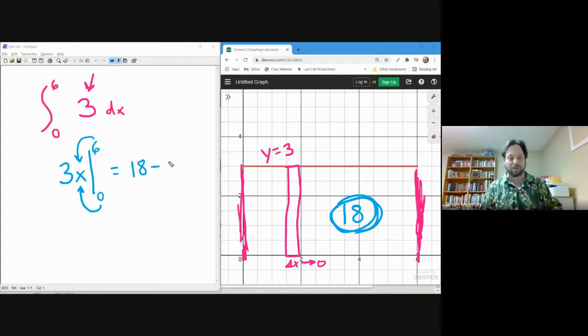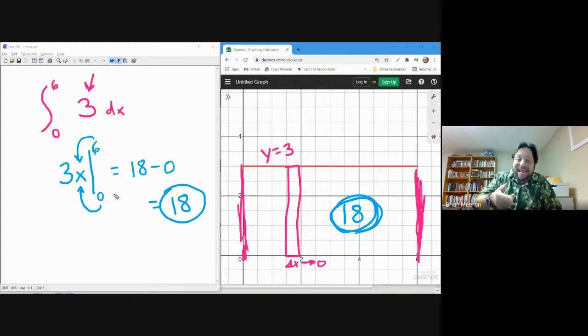That's 3 times 0, which gives me 0. And 18 minus 0, let me verify real quick. Just as I suspected. That does give us an area under the curve of 18.